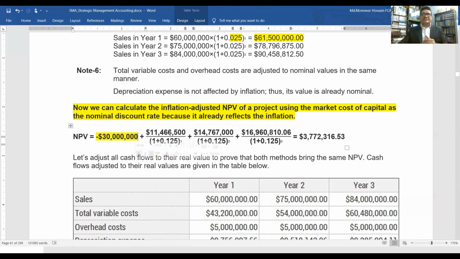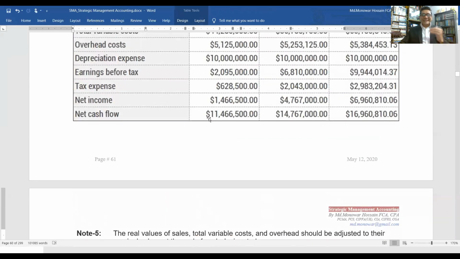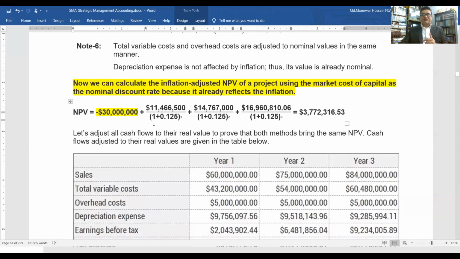The first year's inflation adjusted net cash flow is 11.4665 million. Look here, divided by 1 plus 0.125, the discount rate, to the power 1 for the first year, and the same for the second year and third year. Then we get 3.772 million. It is the inflation adjusted NPV.